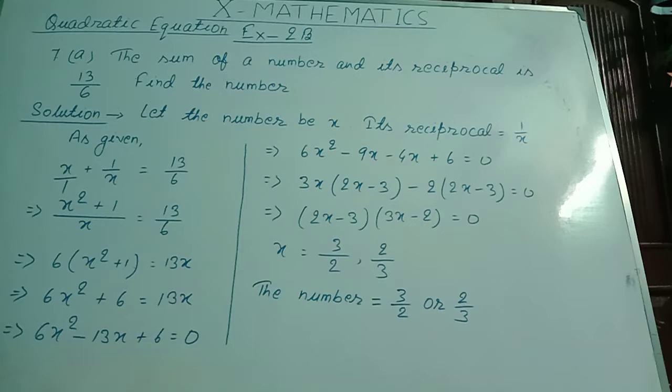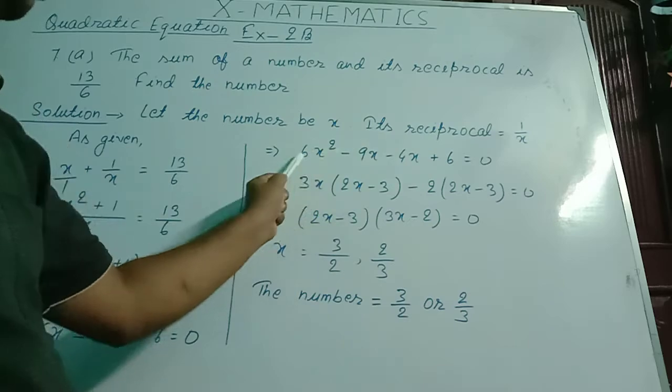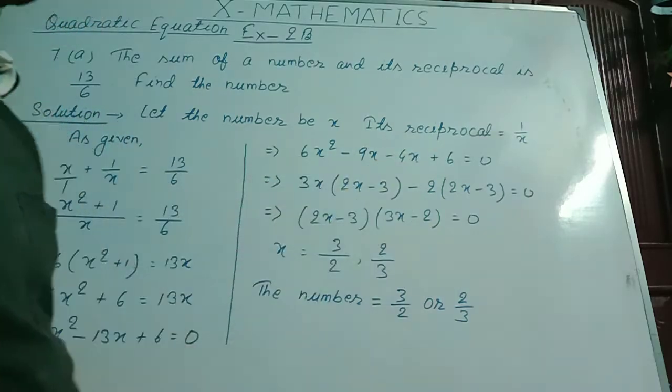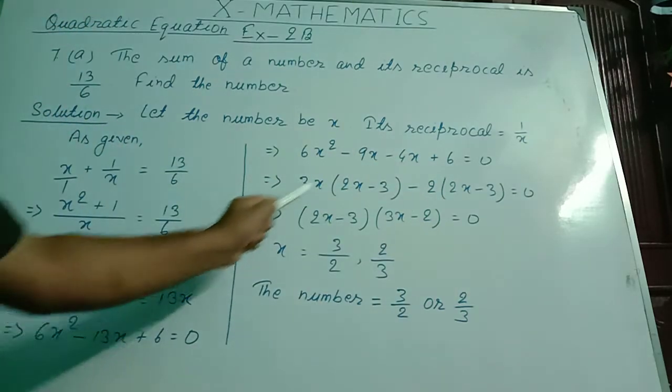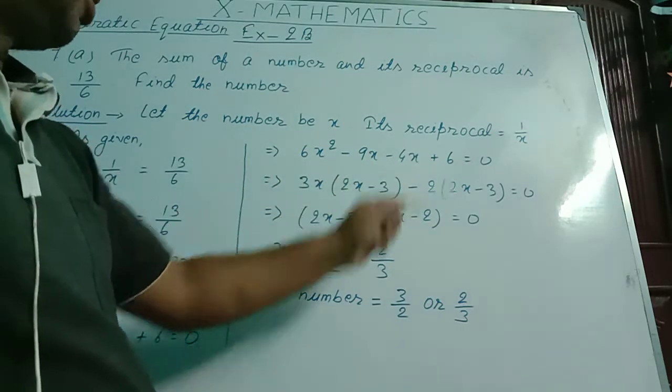Now we shall follow factorization. This middle term is split as minus 9x minus 4x equal to minus 13x, and 9 4s are 36, 6 6s are 36. So this middle term is split in this way. Minus 13x equal to minus 9x minus 4x.